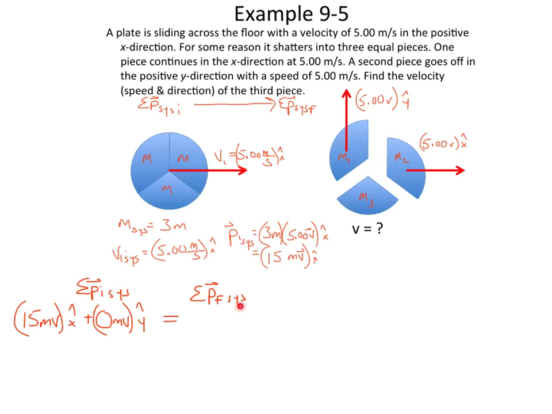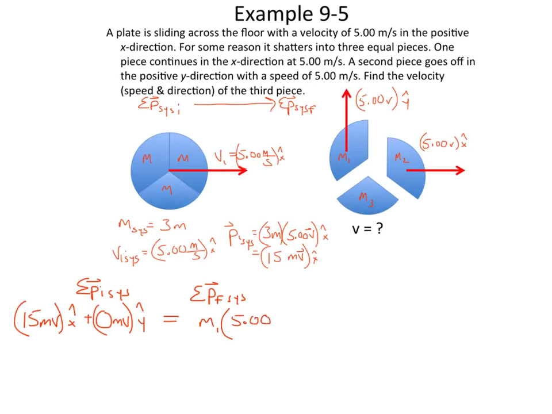Finally, after they've broken up, we have 3 different momenta, one going up this direction, one going over here, and one going who knows where down here that we're going to solve for. Okay? So let's just start by taking each of them individually. Let's look at mass 1. The final momentum of mass 1 is going to be mass 1 times 5.00 velocity y hat.